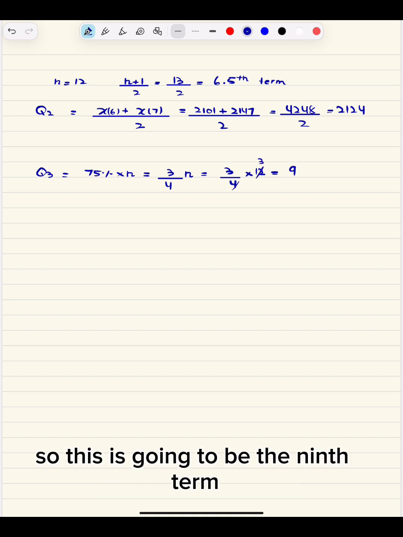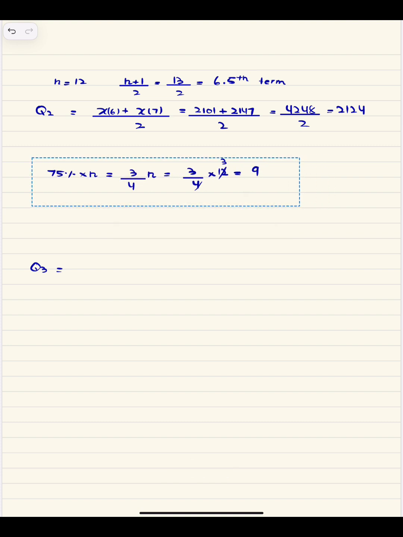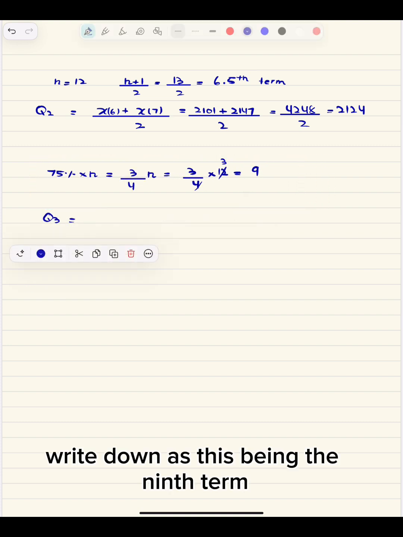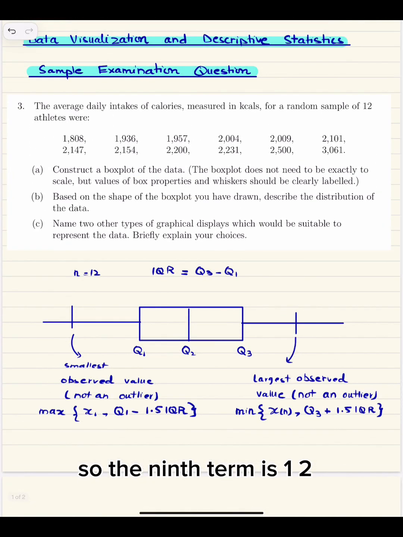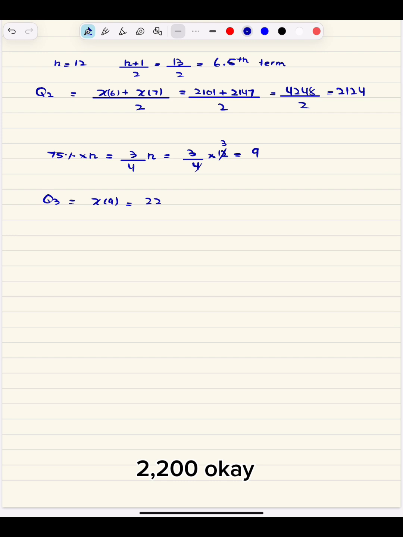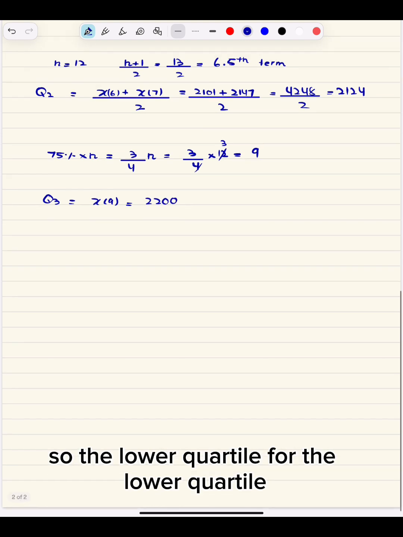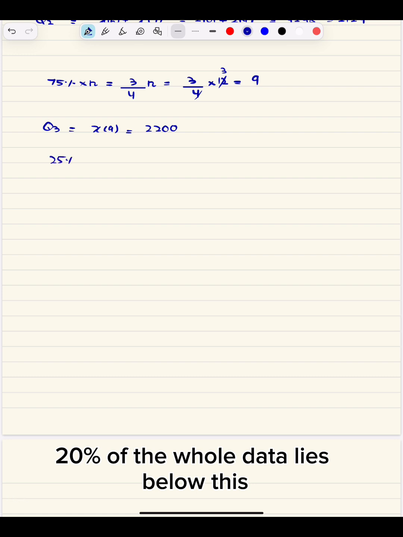So this is going to be the 9th term. The 9th term is 1, 2, 3, 4, 5, 6, 7, 8, 9: 2200.